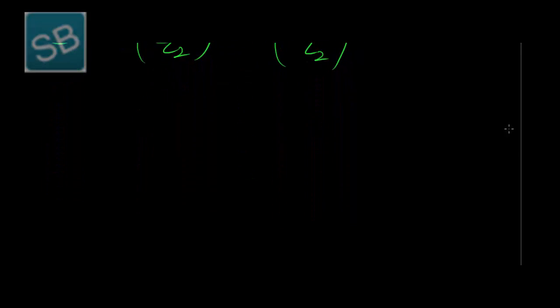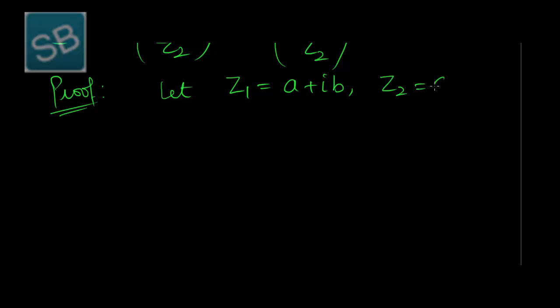So in this property, first of all again, we will take let Z1 is equal to A plus iota B and Z2 is equal to C plus iota D. So again in this we have to find the quotient of this.